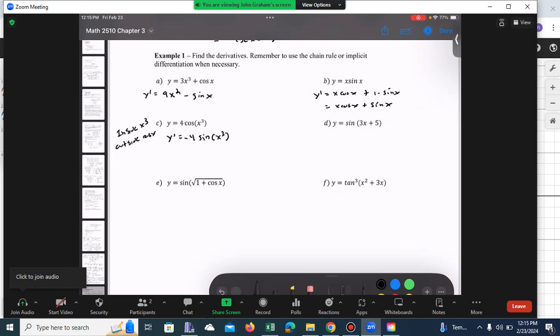And then the derivative of the inside here would be 3x squared. Now 3x squared isn't inside the sine, it's outside of it. So we can multiply the 3 by the 4. Well, we get negative 12x squared sine of x cubed.